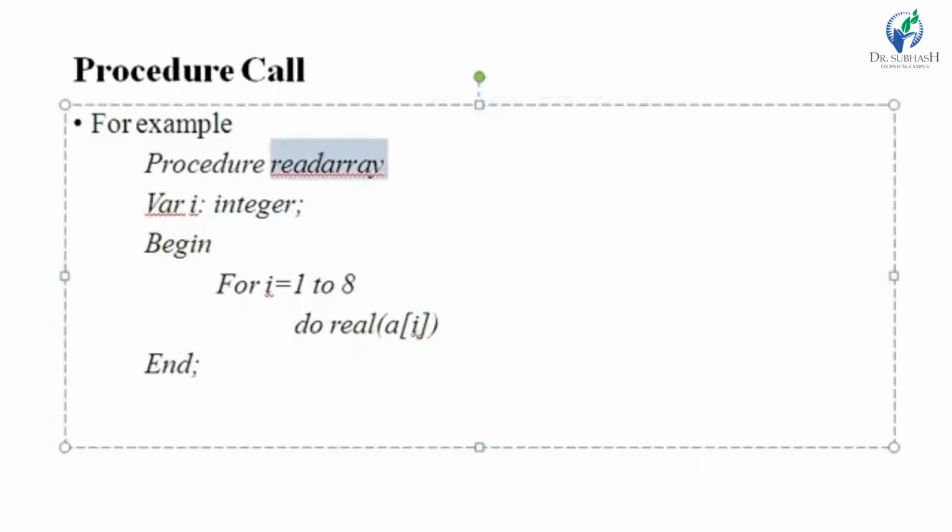Procedure read array, variable I integer, begin for I equal to 1 to 8 do read a of I, and the procedure is end. When a procedure name appears within an executable statement, the procedure is said to be called at that point.